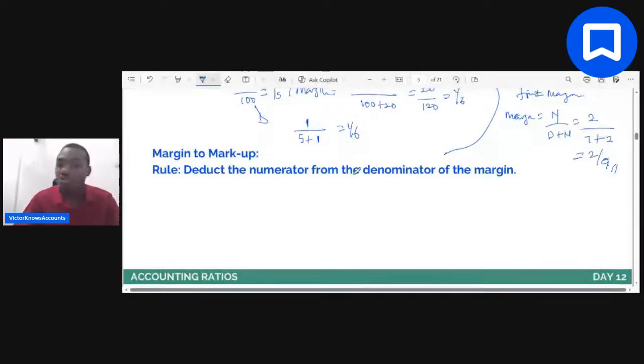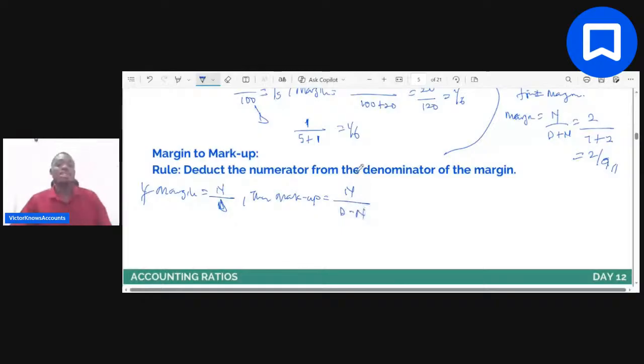If margin equals n over d, that is, it has a numerator and a denominator, then markup will be equal to n over d minus n. You have to deduct the numerator of the margin from the denominator of the margin to get markup.